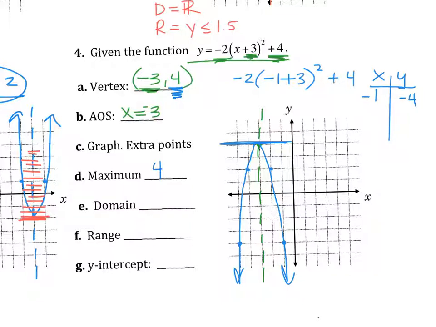We don't have a minimum when it's upside down, so then you want your maximum. What's your domain? All real numbers, every single time. What's your range? Where can your y values fall? Less than or equal to this right here, right? Y is less than or equal to 4. And how do you find a y-intercept? You plug in 0.